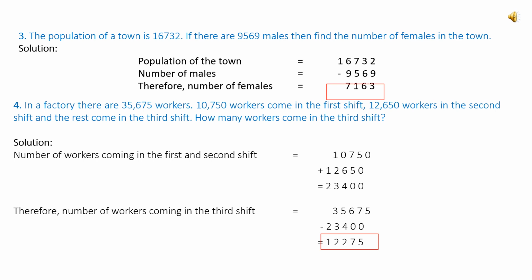So workers coming in third shift. First you write the total number of workers, that is equal to 35,675. Now you subtract the number of workers of both shifts, that is 23,400. Now subtract and then final answer is 12,375 workers are coming in the third shift.